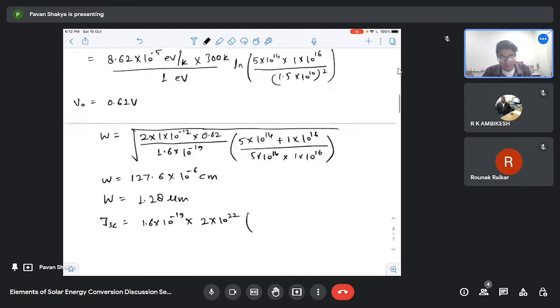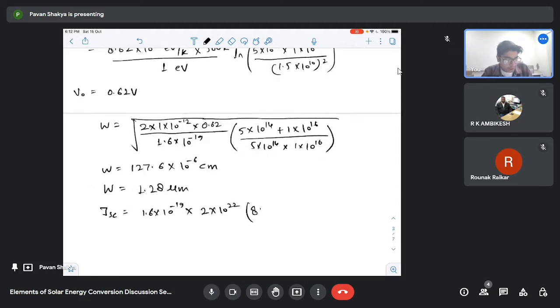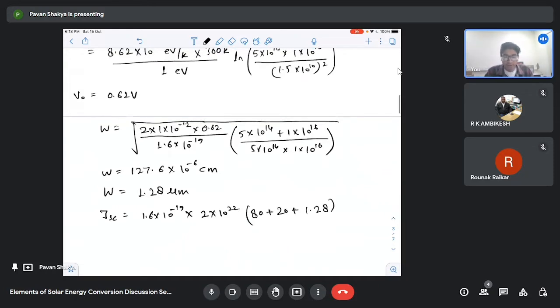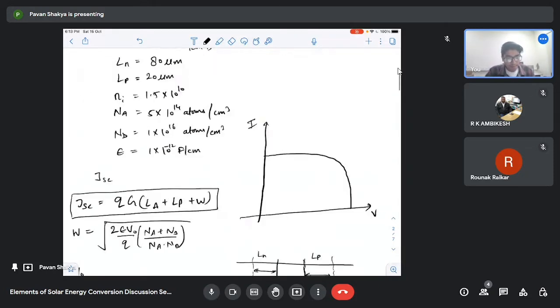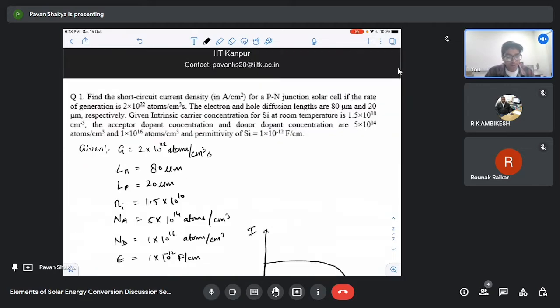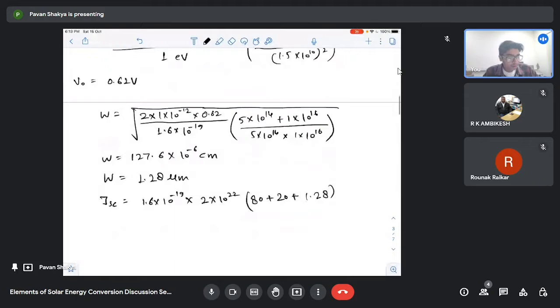Okay, so this ln is 80 plus 20 plus this 1.28. This one is in micrometer, where we have put this 2 into 10 to the power 22 in terms of per centimeter cube. So we have to convert this into centimeter, so it will be multiplied by 10 to the power minus 4.